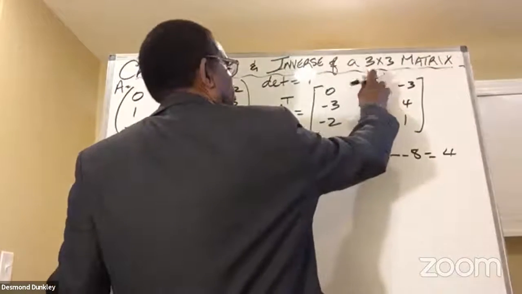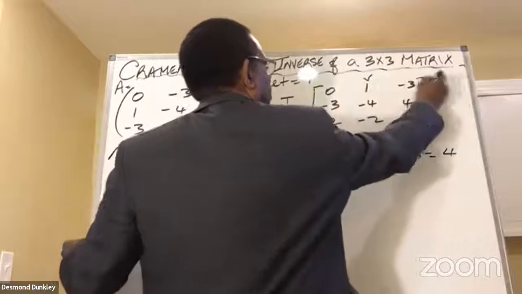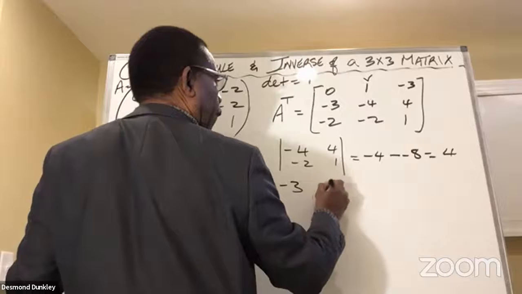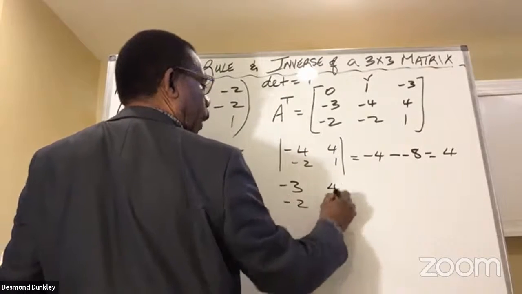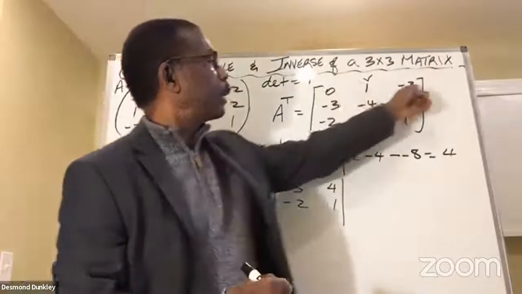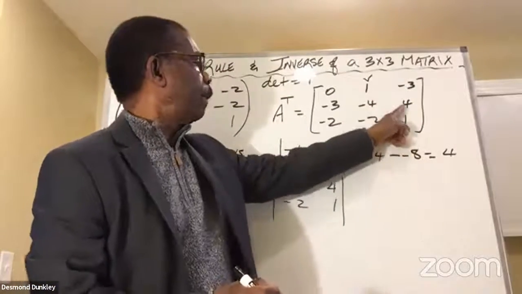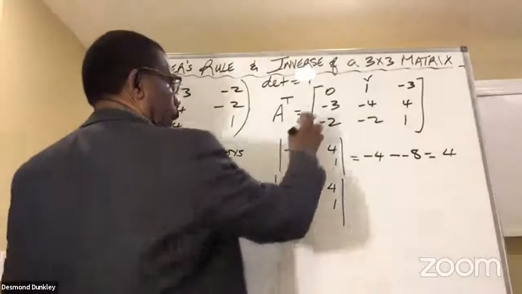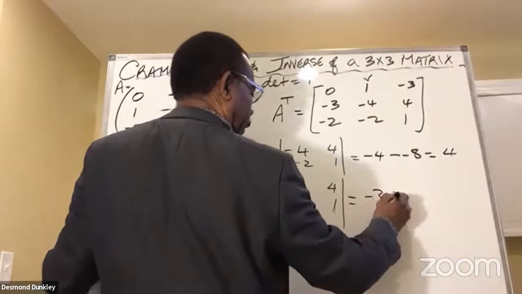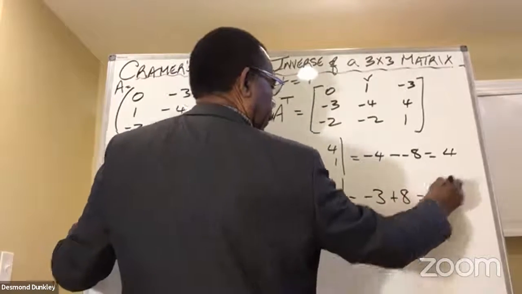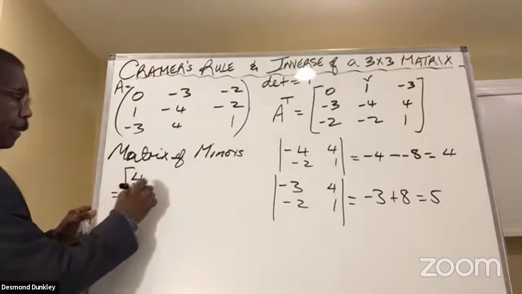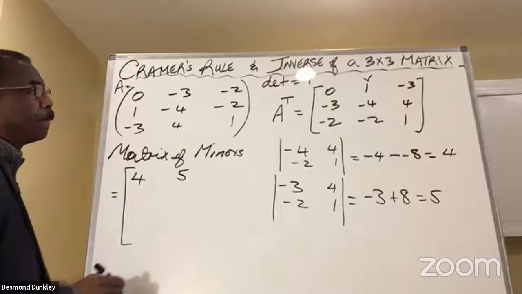Now we come to this position. We cross out this row, cross out this column. So we're left with negative 3, 4, negative 2, 1. Negative 3 times 1, 4 times negative 2. That gives me negative 3 plus 8, equal to 5. Let's double check. Plus 8 gives me 5. So this entry is 5.